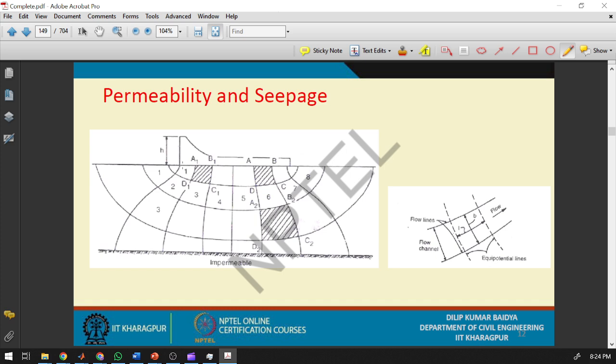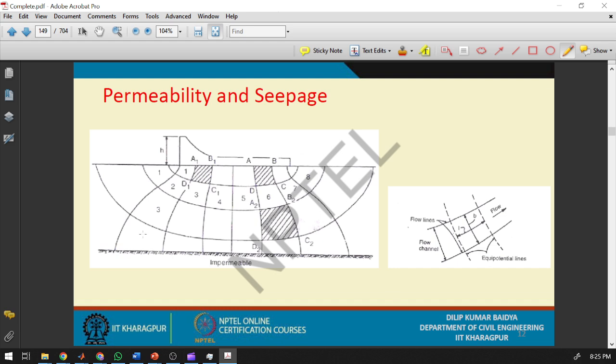There are some rules. For example, the flow lines should be perpendicular to the equipotential lines wherever they are cutting. Other thing is that the aspect ratio of this should be a square aspect ratio, as in it can be like this also, but this length divided by this length should be the same for all the mesh units.